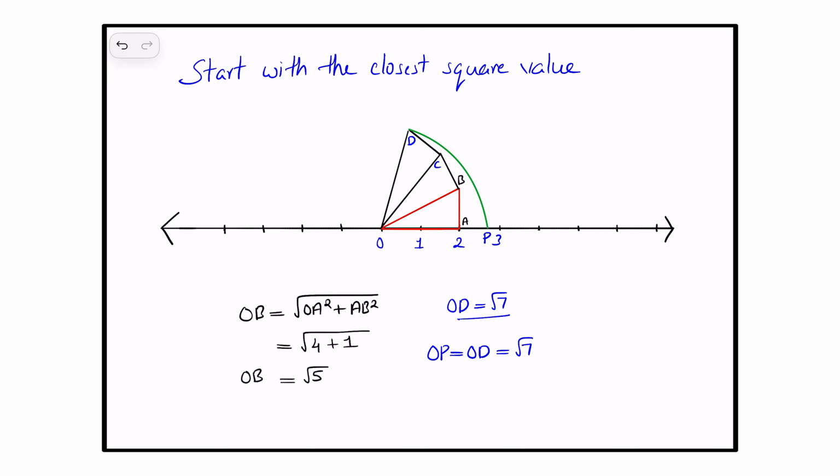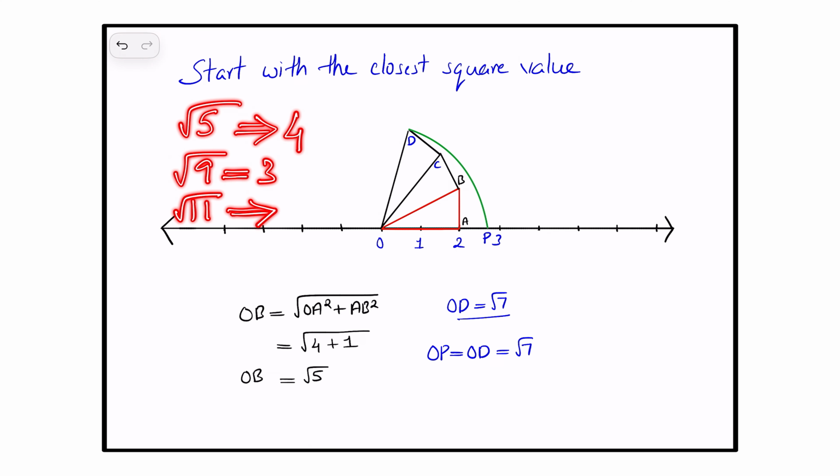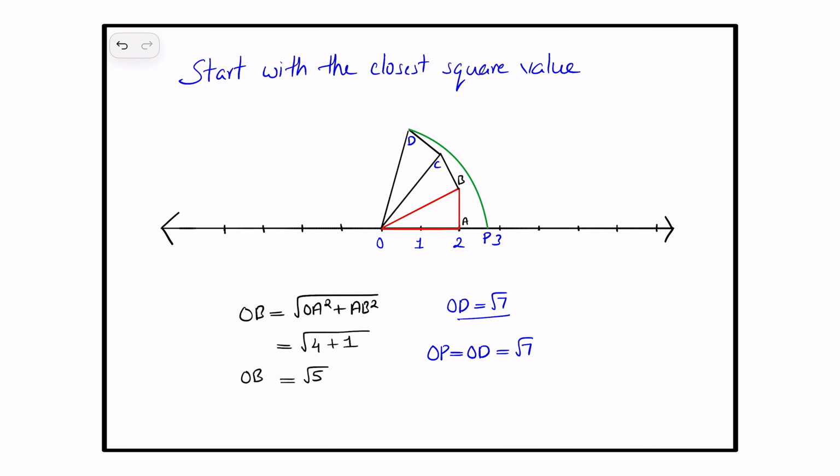So any large number we have to plot, the basic principle is that start with the closest square value. To plot root 5, I use the closest square value 4. To plot root 9, it is nothing but 3, so there is not a problem. To plot root 11, I again take the closest square value, that is 9, and then I make the plot. So imagine we have to plot, let's say, root 145.